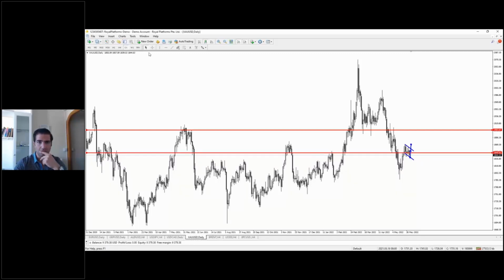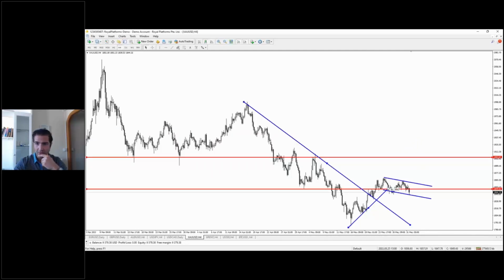I'm bullish on gold, especially since we have a breakout of this area here. So impulse, correction, and then a new impulse to the upside. Usually when we have this structure, impulse, correction, impulse, the new impulse after the breakout should be around the same length as the first impulse.